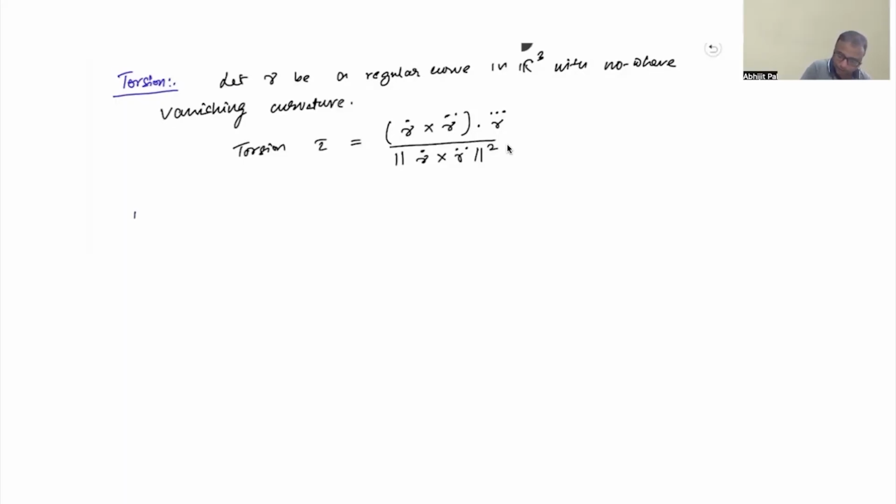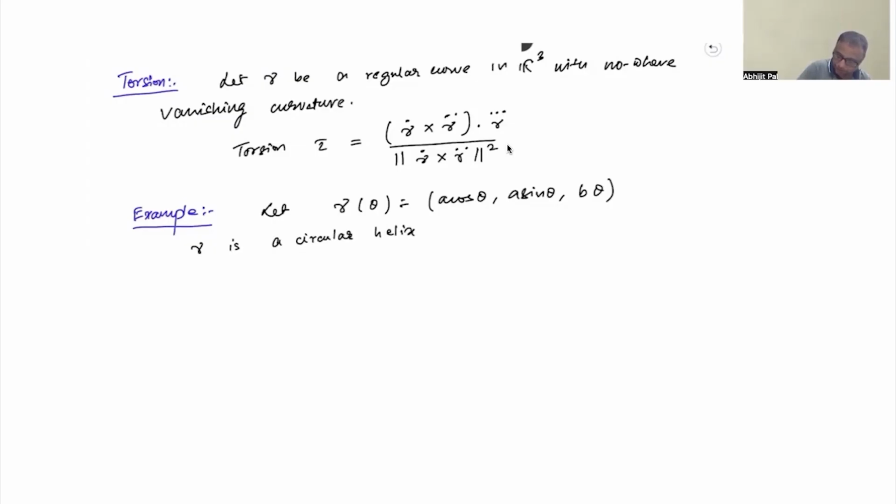For example, let gamma of theta be equal to (a cos theta, a sin theta, b theta). So gamma is a circular helix in R3.